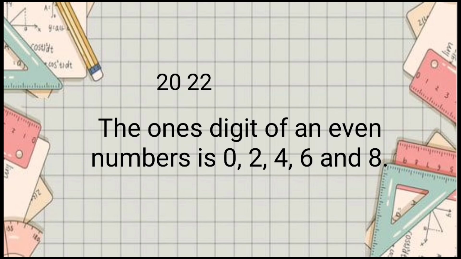And then 22 ends with 2. 24 ends with 4. And then 26 ends with 6. And the last number is 28, which ends with 8. How about 40? Is 40 an even number, yes or no? Okay, 40 is an even number because 40 ends with 0.